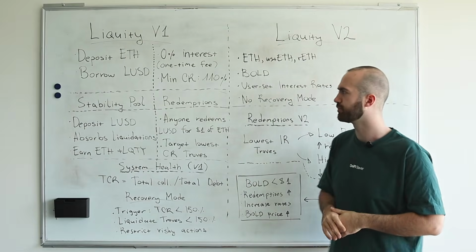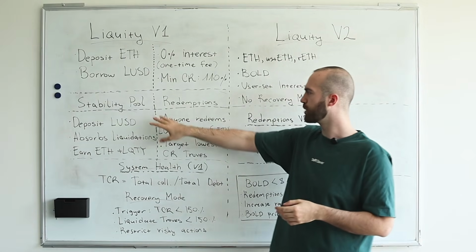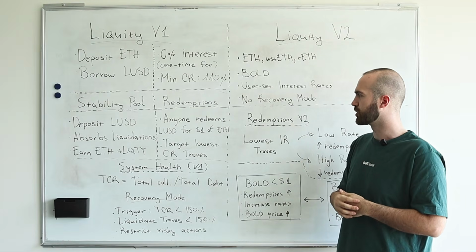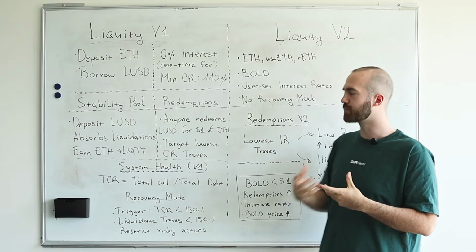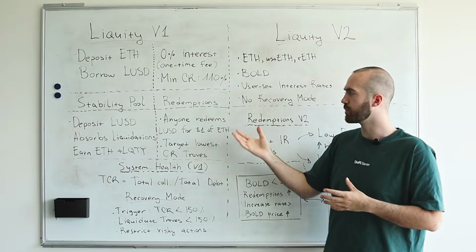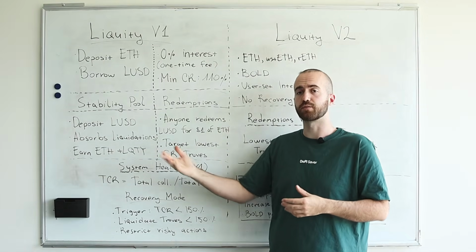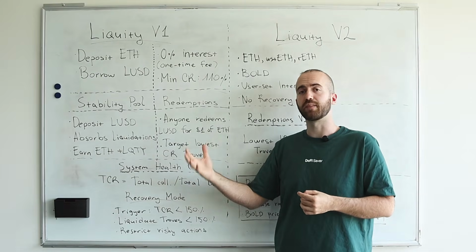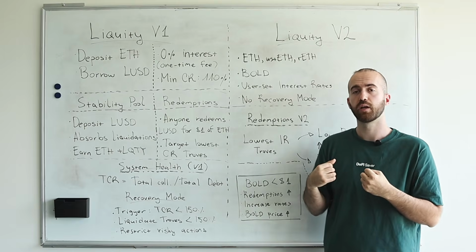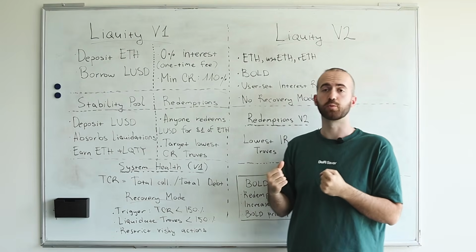Very simple in concept. So let's look at two very important mechanisms of Liquity that help the stablecoin maintain its peg. First off, we have the stability pool. This is a pool where users can deposit their LUSD, and when a liquidation happens, this pool absorbs the debt and also the collateral.